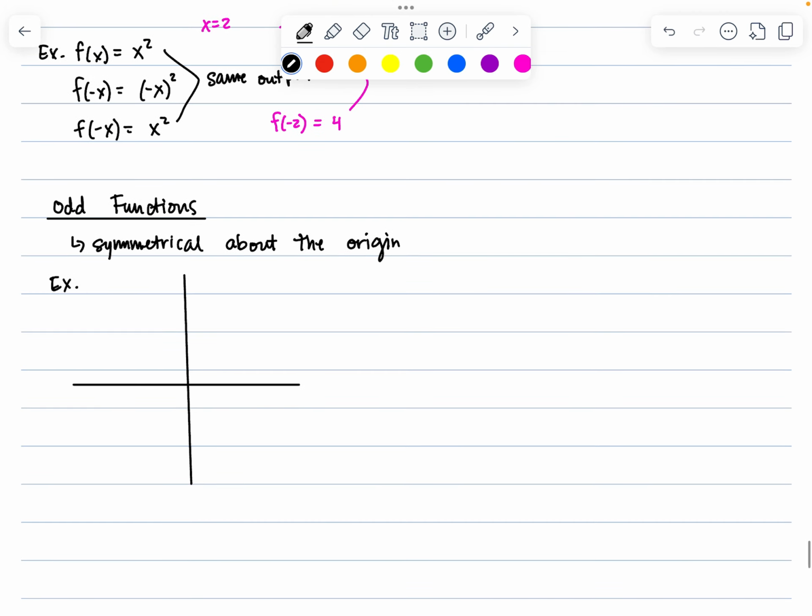So if I have a graph like this, every input you get would be a positive x, positive y, right? Let's say 1, 1. On the opposite, if you're symmetrical about the origin, you're going to go negative x, or negative 1, negative 1. So you would have this version of it.